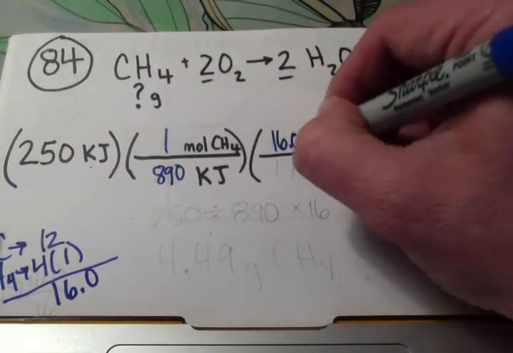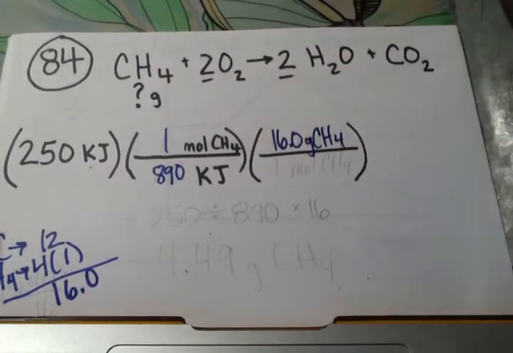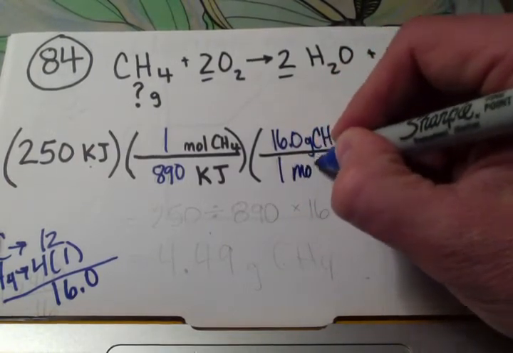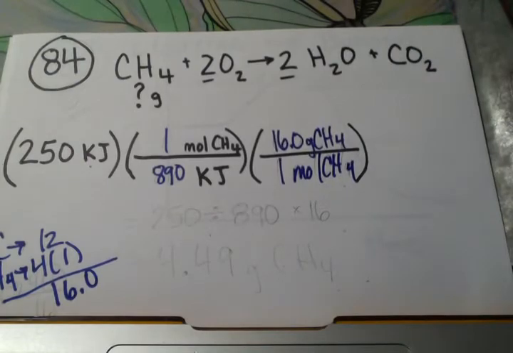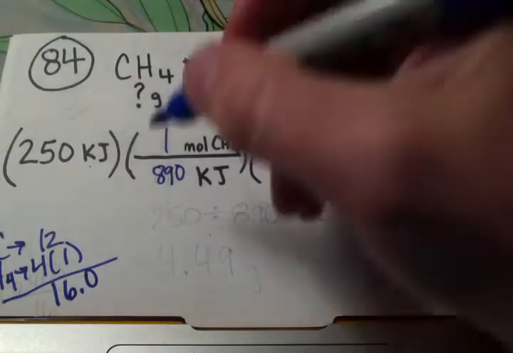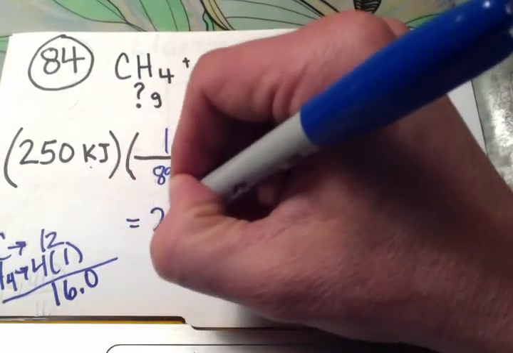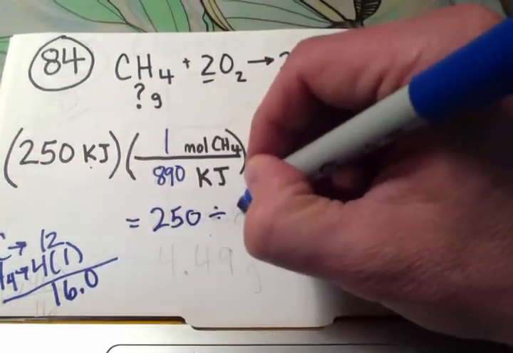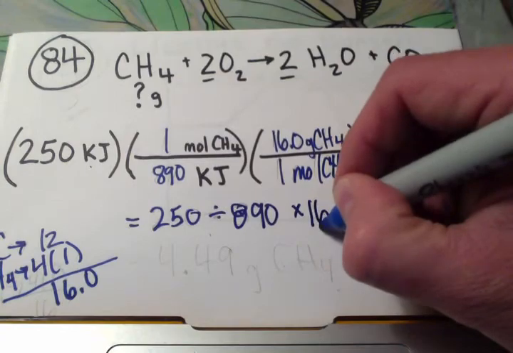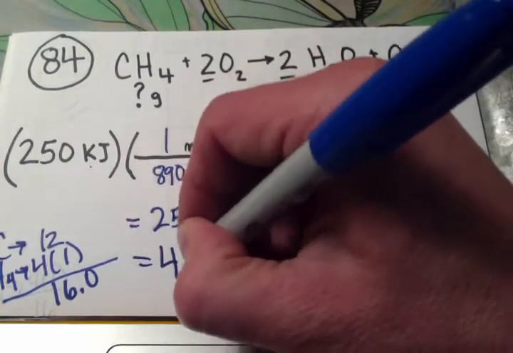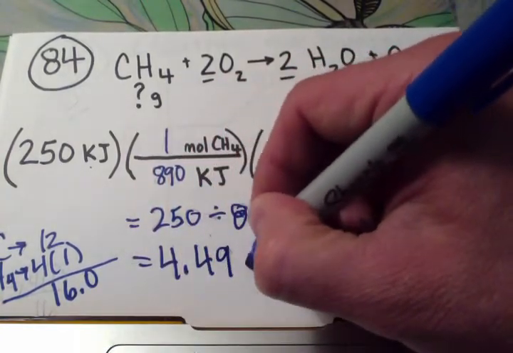So if a mole of methane, a mole of natural gas is 16, yeah, I'm forgetting the question, sorry.